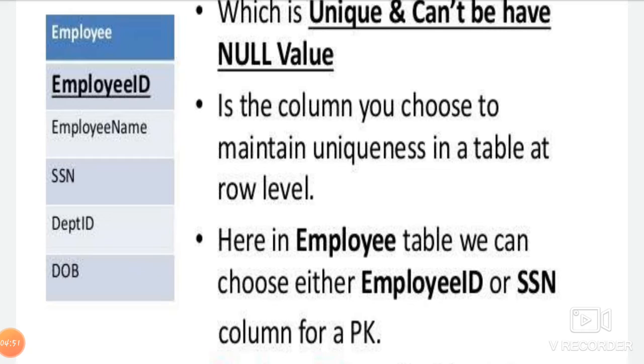Employee ID, everybody knows, every person who belongs to any particular organization, school or college has an ID, right? So that ID will be the unique one, because definitely no two persons will share the same ID. Everybody will have an individual ID. It will not be the same.